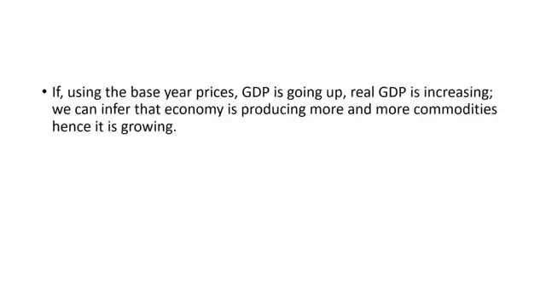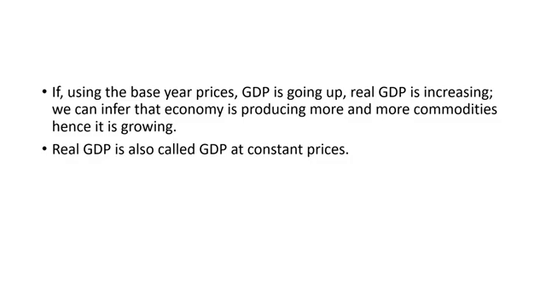If, using base year prices, the GDP is going up, that is, the real GDP is increasing, we can infer that the economy is producing more and more commodities, hence it is growing. The real GDP is also called GDP at constant prices.